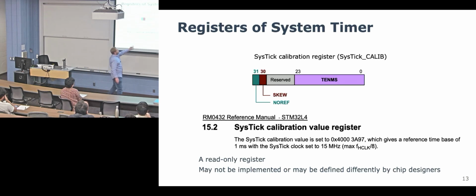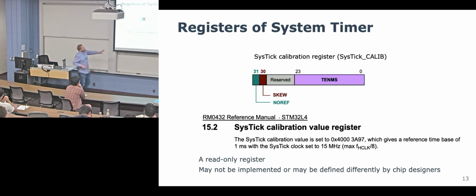And then you have the SysTick calibration timer register, which is a register you can go to and get the value out of it that will equal 1 millisecond. So there's an offset value that they're going to give you, assuming that your clock is at a certain value, and they'll say, okay, here is the value if you want a 1 millisecond or 10 millisecond timer. Unfortunately, the STM32L that you use gives you 1 millisecond, but other STM32s give you 10 milliseconds.